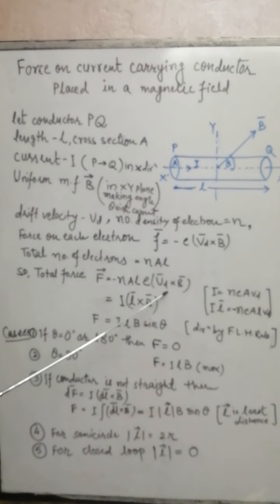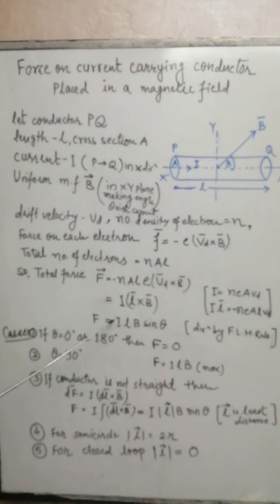So from this equation we get minus neALVd, this much. This is equal to IL. This is a vector quantity called current element. So finally, the force experienced by the conductor F is equal to IL cross B, cross product of two vectors. It is a vector quantity.